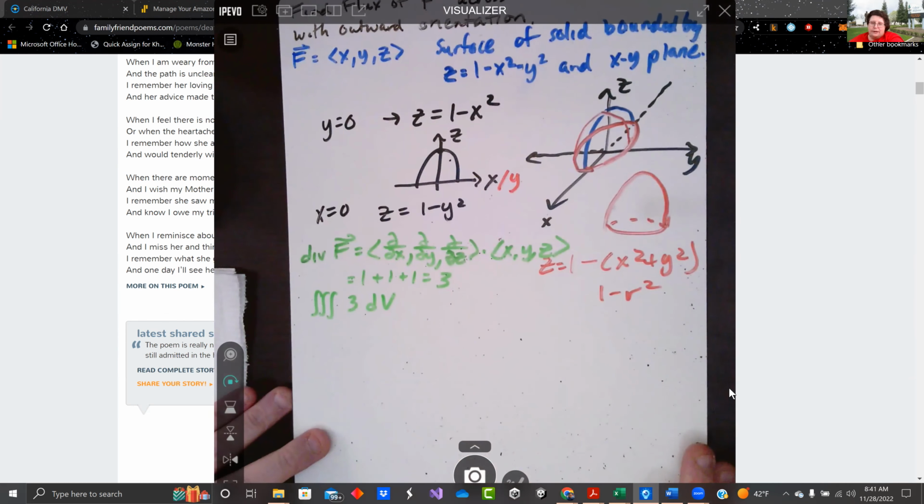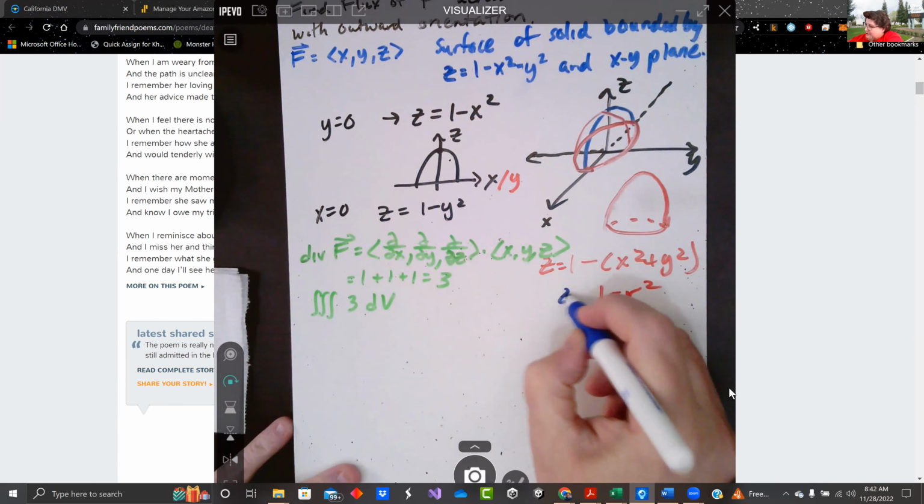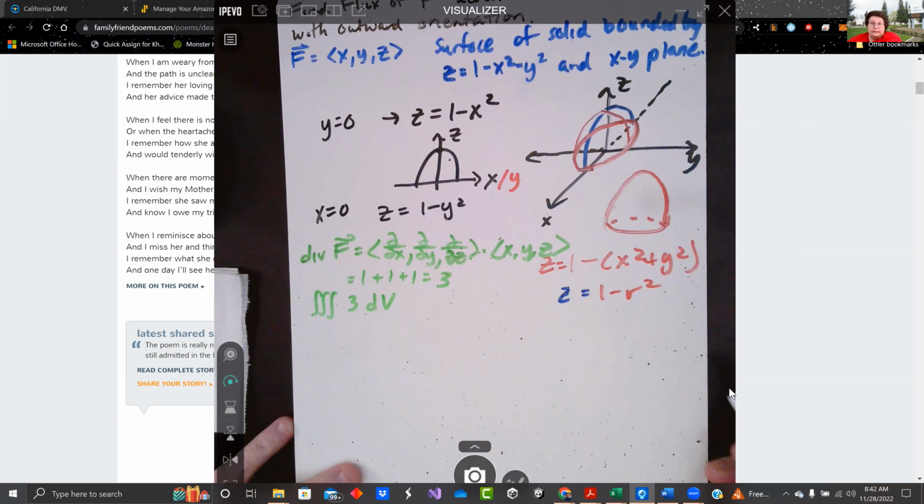Now we have to choose how we're going to set up dv. I just got done showing z equals 1 minus r squared, so maybe doing this in cylindrical is easier.